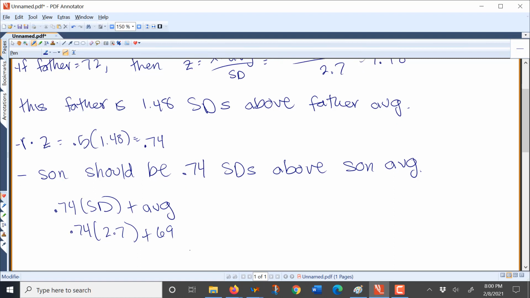So this gives me 70.998. So we would predict that a son that comes from a father of 72 inches will probably have a height of about 70.99 inches.